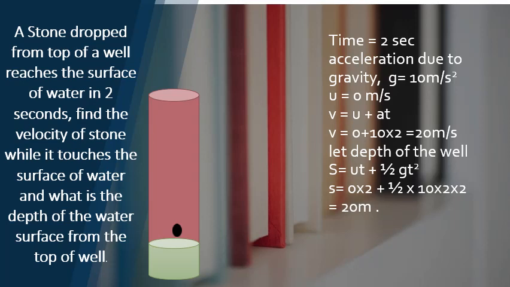Applying the values, u is 0, time is 2 seconds, and half into g, that is 10, and t square is 2 into 2. Then the 2 gets cancelled, and what you will get is 2 into 10, that is 20 meters.